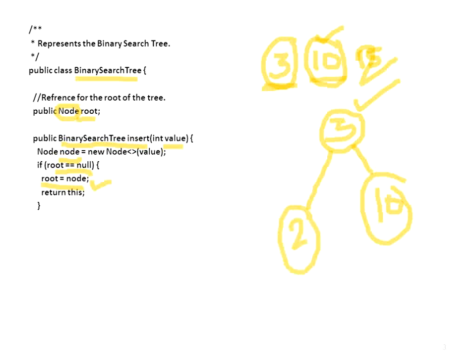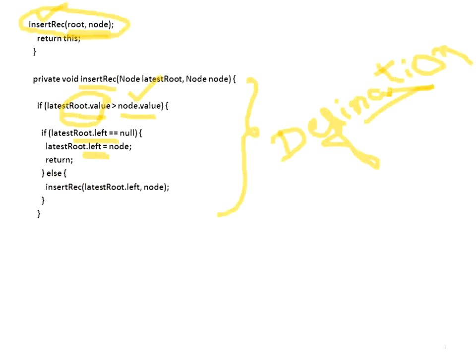You can see that the root value is greater than this value. Root value is always greater than the value of the node which is placed towards the left. So here, if the root value is greater than the node value, then that node is placed towards the left.